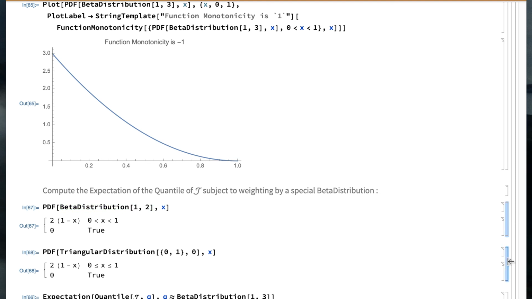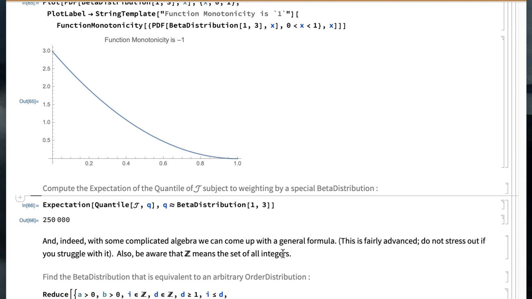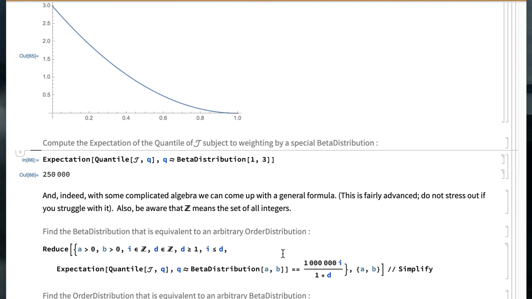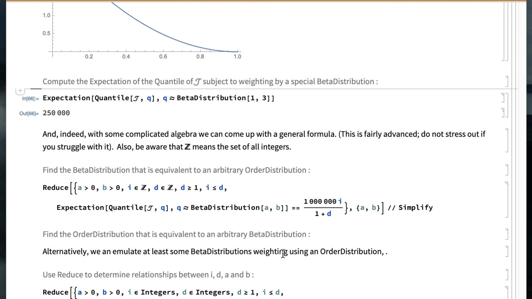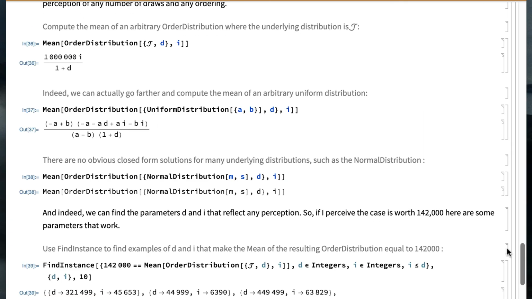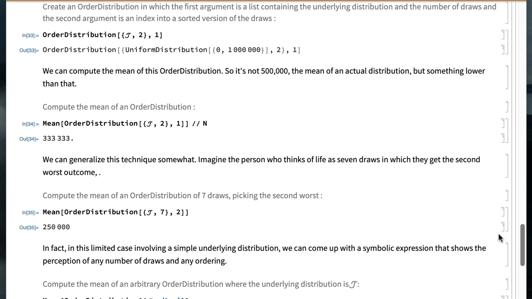So, and indeed, with a little bit of algebra, we can come up with a general formula. That is, we can say, find me the values of A and B such that the expected quantile is equal to, this was that formula for the order distribution that we showed earlier. Let's go up and see if we can find that formula.